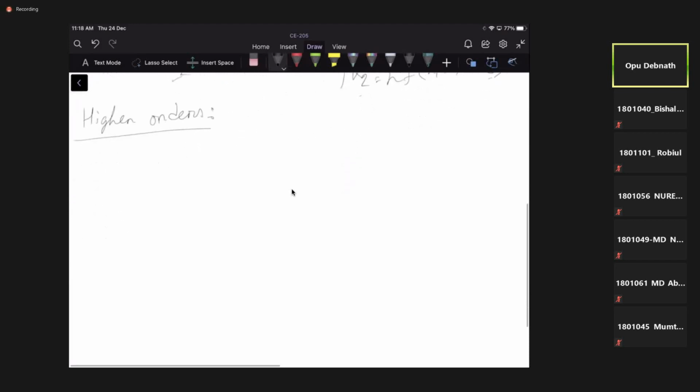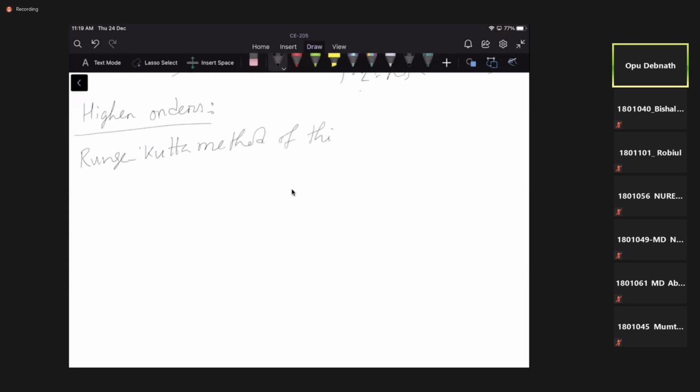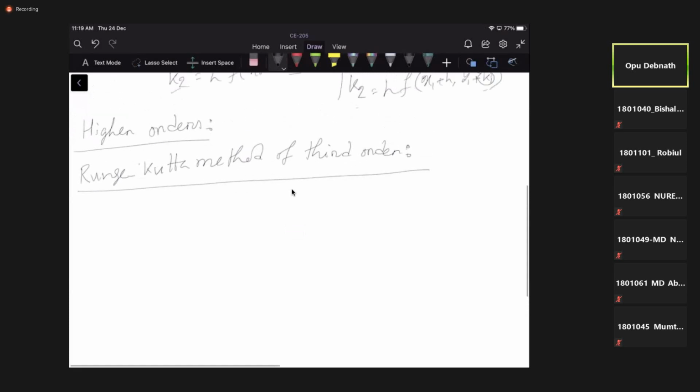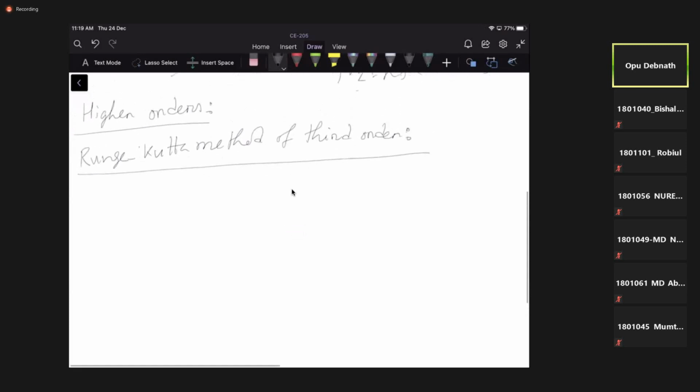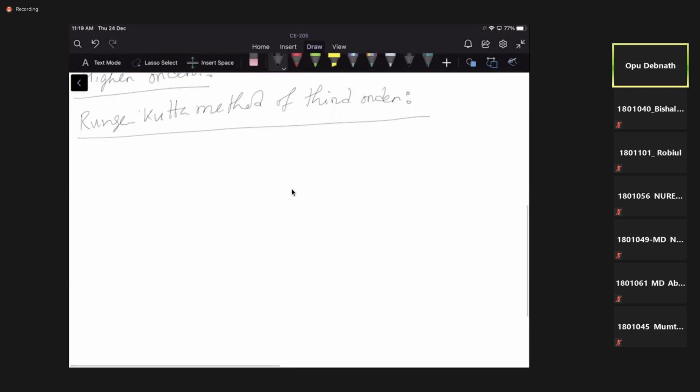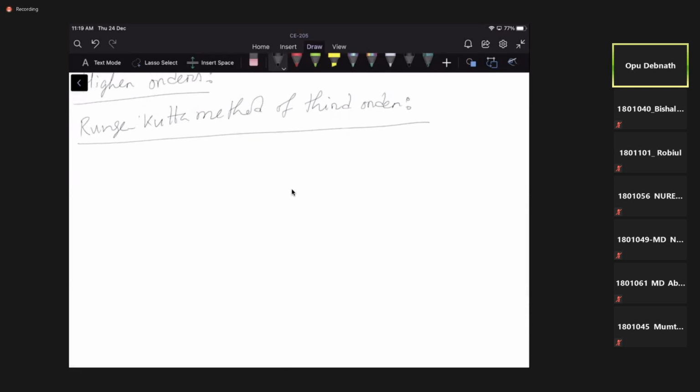Runge-Kutta method of third order. At all types of ordinary differential equation problems, of solving such types of problems, you simply need to memorize the algorithms, that means the equations for the third order Runge-Kutta method.